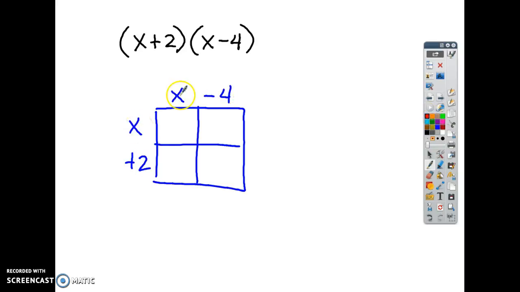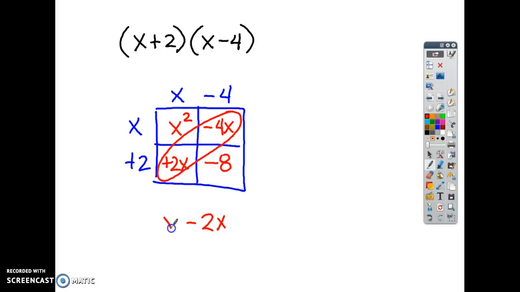So x times x is x squared. X times negative 4 is negative 4x. 2 times x is a positive 2x. 2 times negative 4 is negative 8. And remember the diagonals, you combine them. So when you add those two, that gives you a negative 2x.